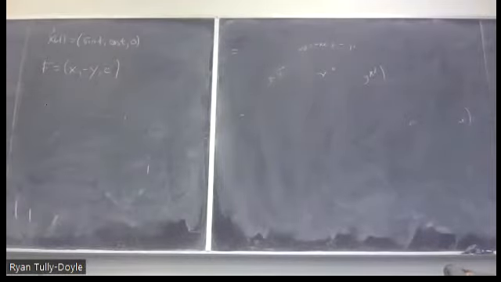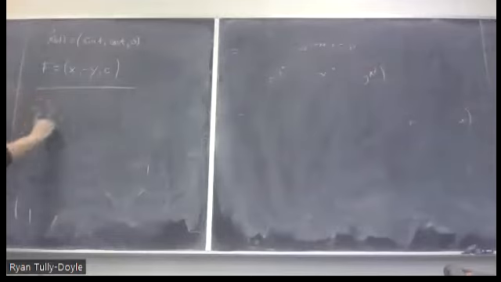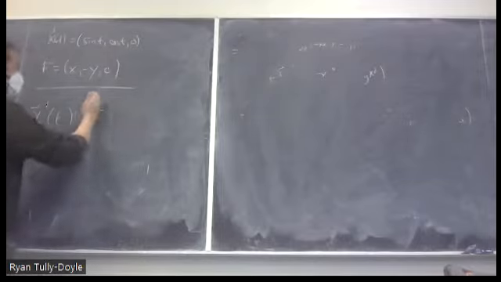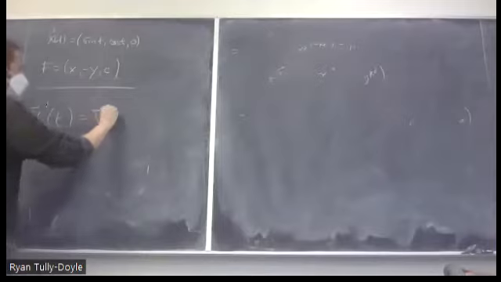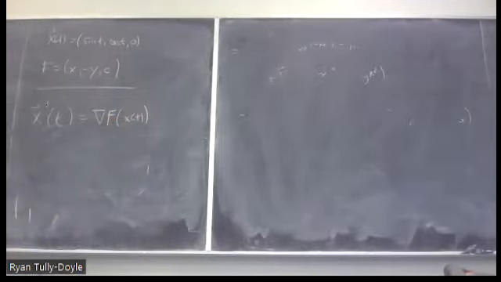It's a differential equation. You're a flow line if x prime evaluated at t is equal to f, the gradient of the potential evaluated at x of t. This is the equation of what it means to be a flow line.